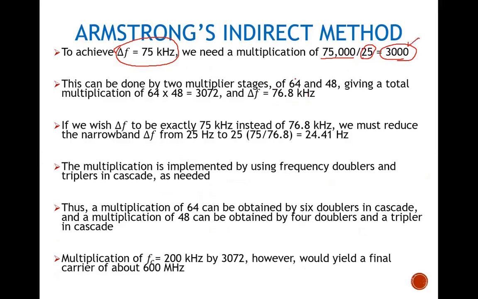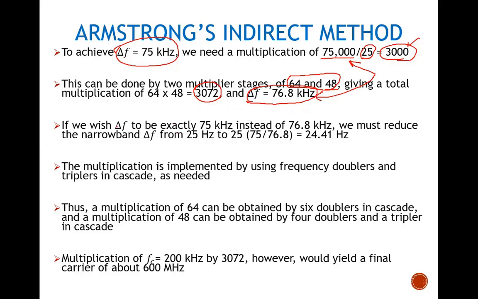This can be obtained, as we saw in the block diagram, in two stages. First, we multiply by 64, then we multiply by 48. So the total multiplication factor we obtain is 3072. That gives us a frequency deviation of 76.8 kilohertz, which is not exactly equal to 75, but quite close.